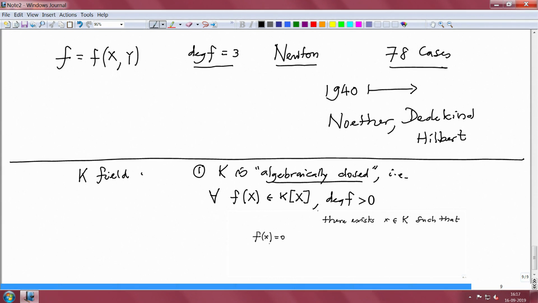Such an x I will keep calling a 0 of f. So, a typical example of an algebraically closed field is k equal to C; C is algebraically closed.